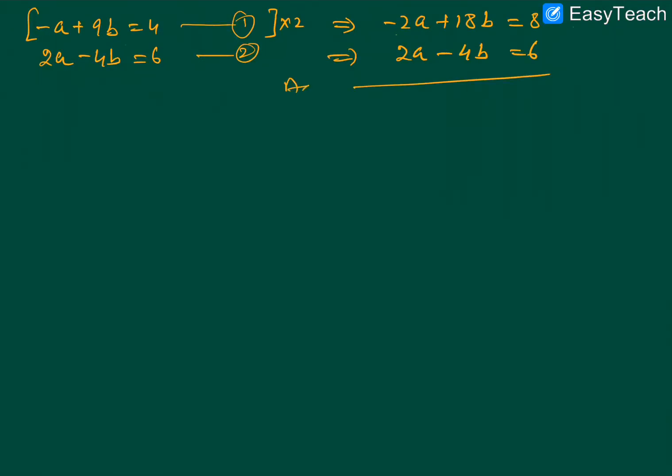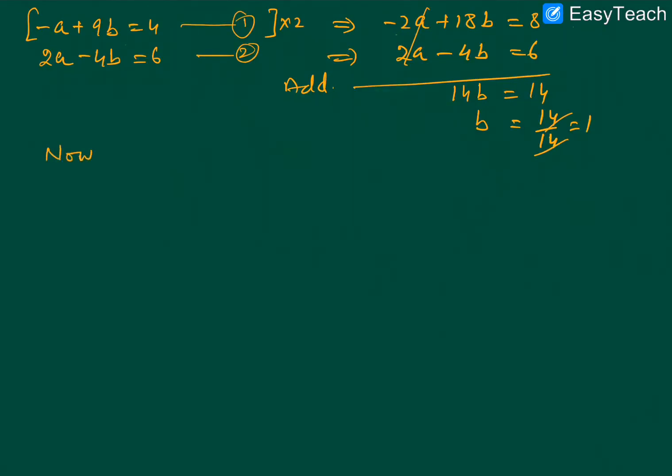After addition, minus 2a and 2a cancel out and we get 14b is equal to 14. So b is equal to 14 by 14, that is 1.